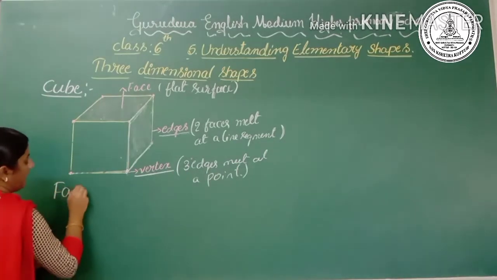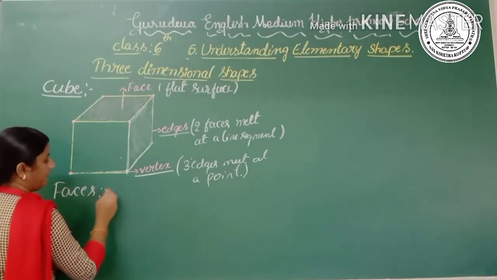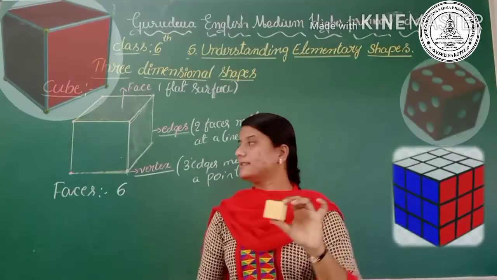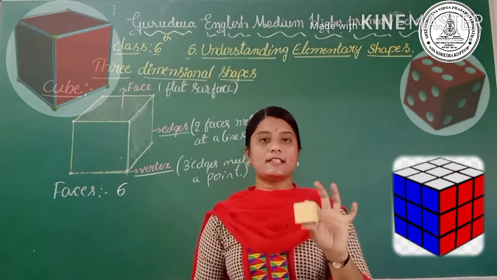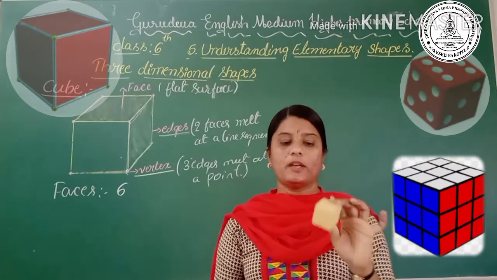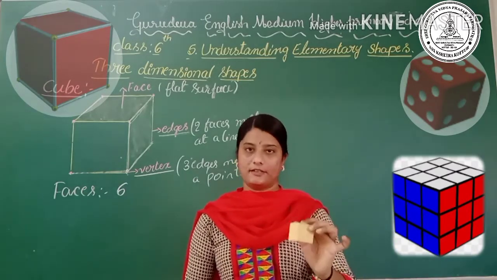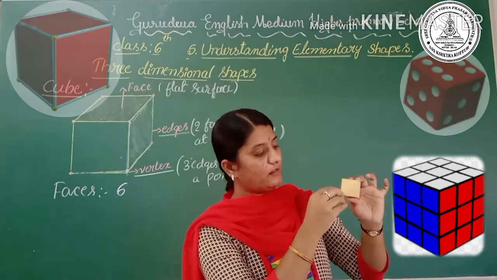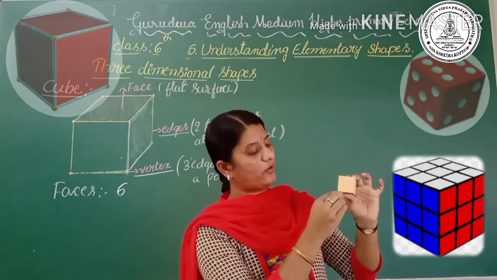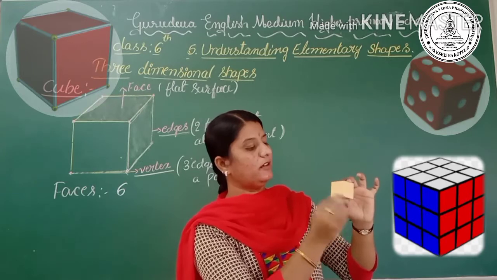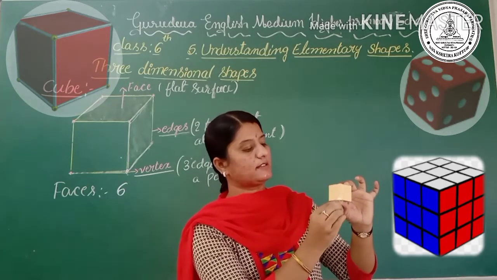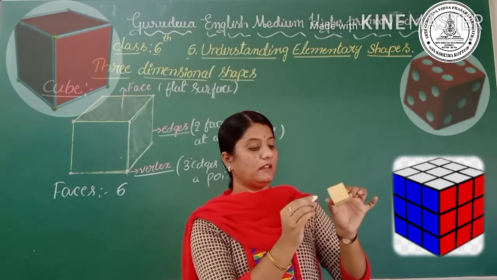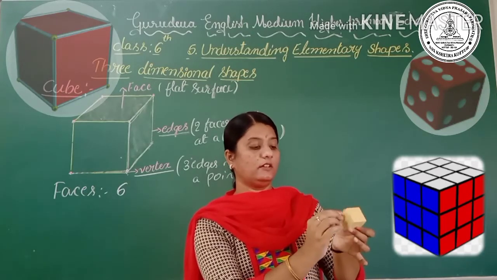So the cube has 6 faces. Then how many edges are there for this cube? It has 12 edges. See here: 1, 2, 3, 4, then 5, 6, 7, 8, then 9, 10, 11, 12.